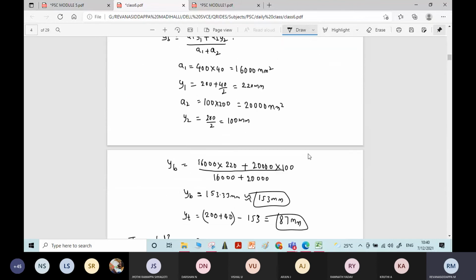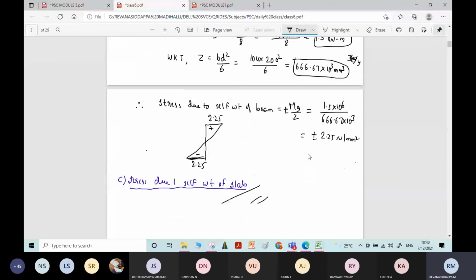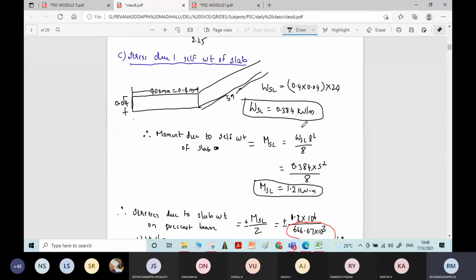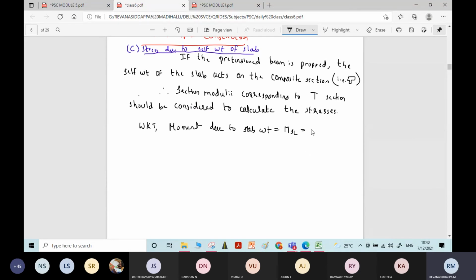How much is the value there? It is 0.384 kilonewton per meter, the intensity of load. Moment is 1.2 kilonewton meter. MSL is equal to 1.2 kilonewton meter, which is equal to 1.2 into 10 power 6 Newton millimeter.